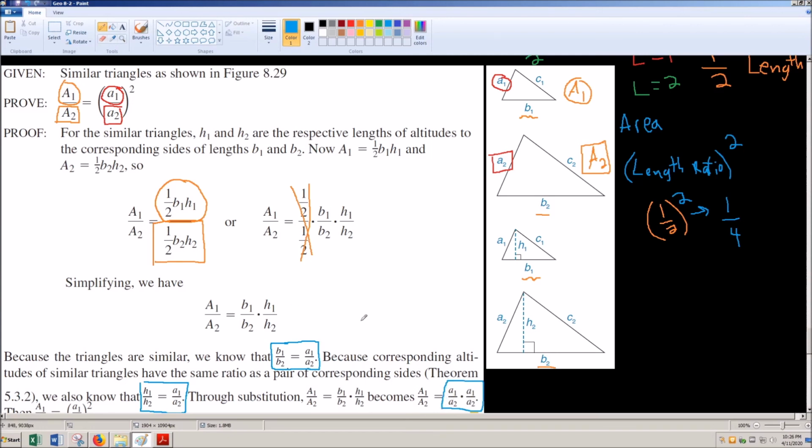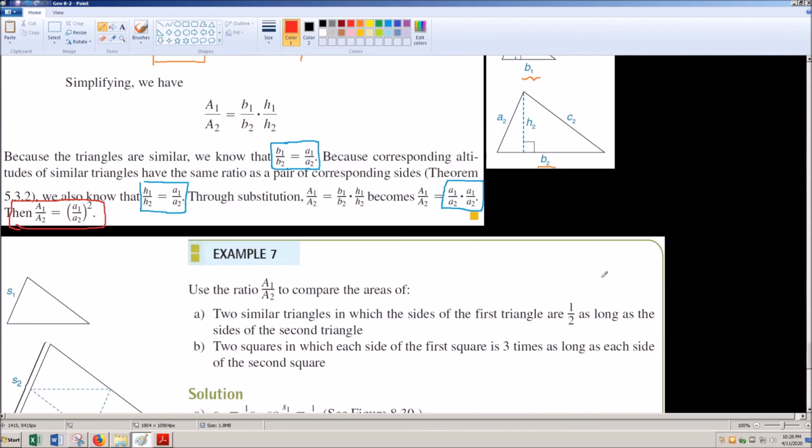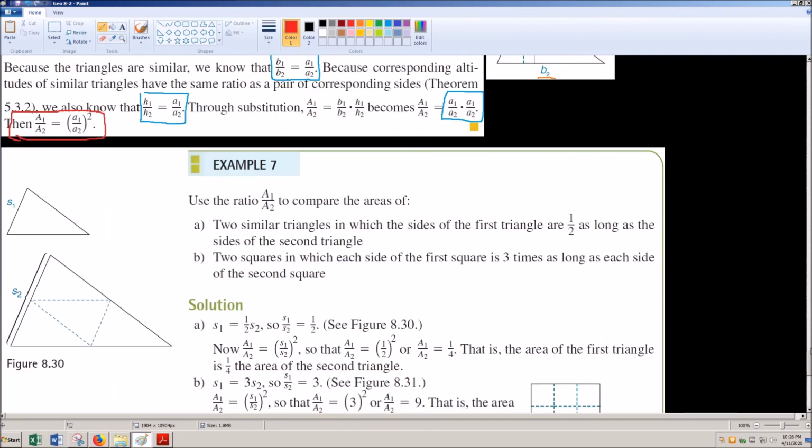The substitution comes out to be the same. So we plug this thing in, and here now we have our representation of this value squared, and that's going to be the ratio of my areas. So again, hopefully it's not too difficult. If I gave you a triangle and we had an example here we can look at, we're able to figure these things out.